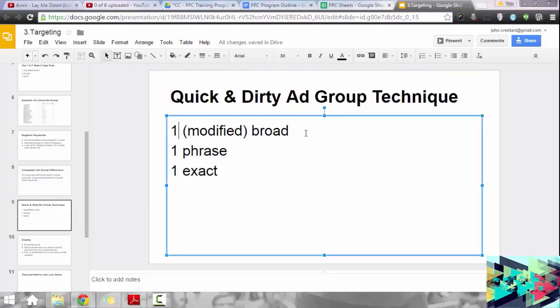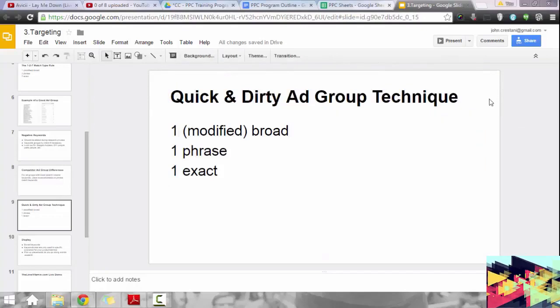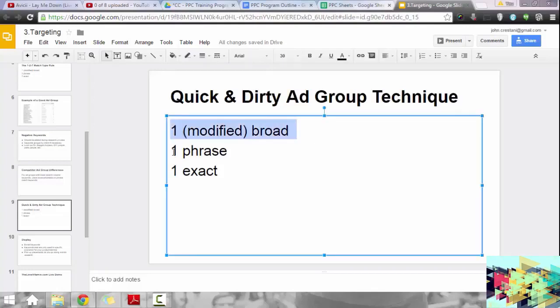I only advise this for people who are advanced and extremely confident in everything else they're doing, such as if your landing pages convert, because you should have at least 10,000 visitors a day coming to your websites, and be confident in what conversion rates you'll see, and have AdWords campaigns working, but using one modified broad, one phrase, and one exact.